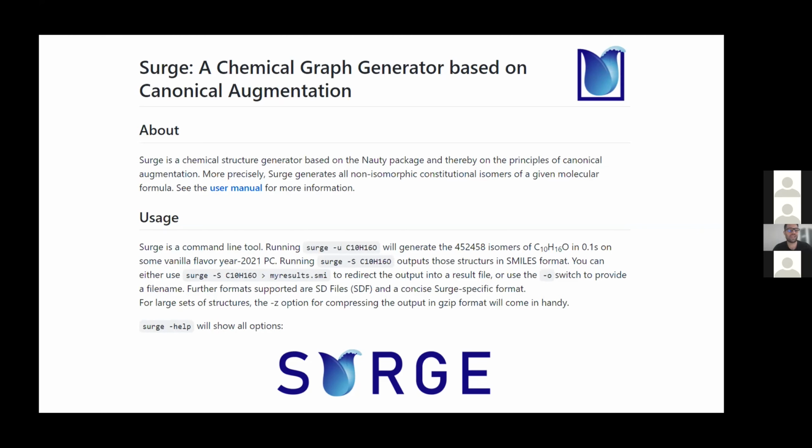That's why I didn't want to add any results, like a benchmarking against other software, but I can say it is faster than MAYGEN by orders of magnitude, not even one magnitude, but orders of magnitude. And since it is public and available, it is currently the fastest open source structure generator, even against the commercial tool, I can say.